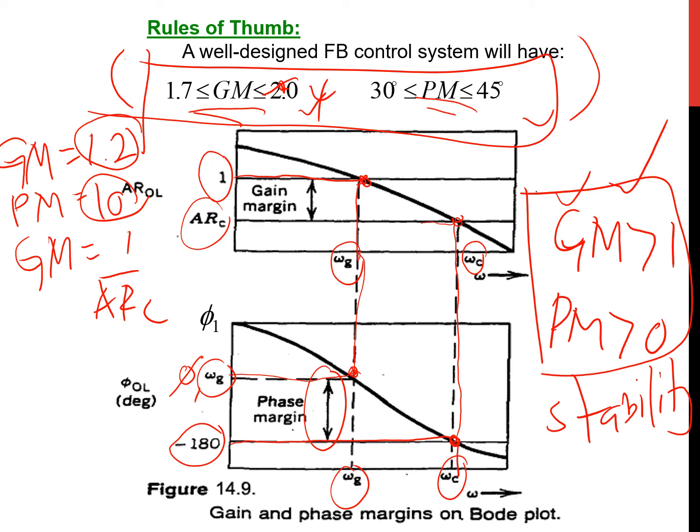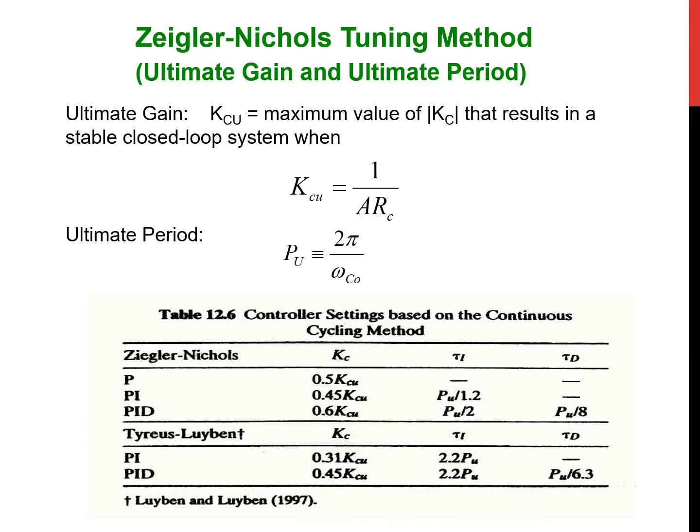What should you do to improve it? Then we need to retune our controller. Retune means we need to calculate new controller parameters for our controller. Let's say you use the KC, we calculate the new KC. How to calculate? We use what we call the Ziegler-Nichols tuning method.